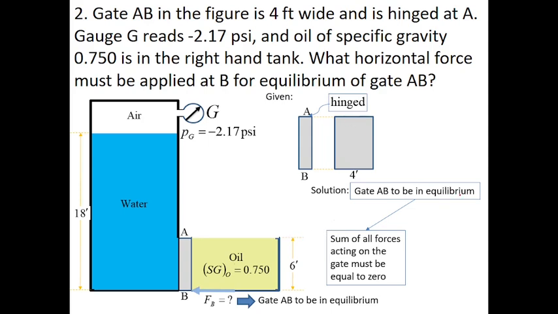So, for Newton's first law of motion, so upon applying, the sum of all forces acting on the gate must be equal to 0. So, pagka equal to 0, yung sum of all forces acting on the gate, no, masasabi natin na in equilibrium ang ating gate.